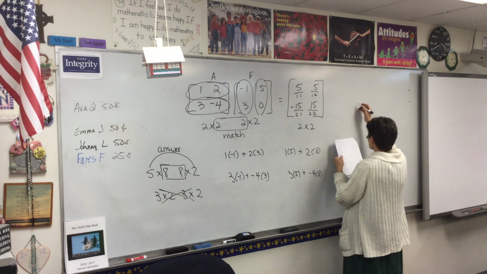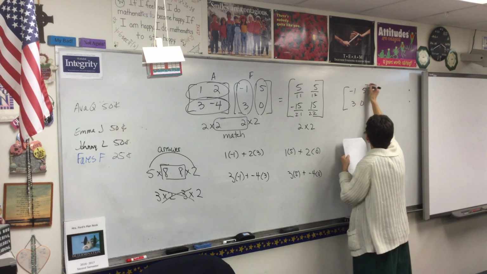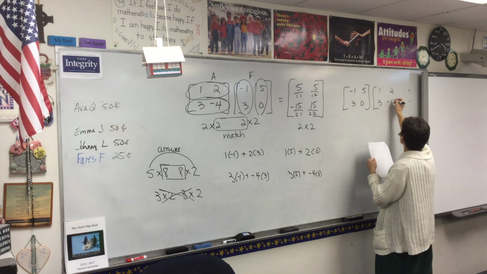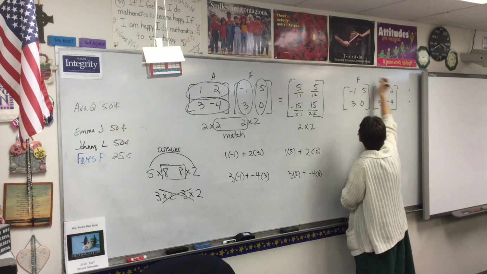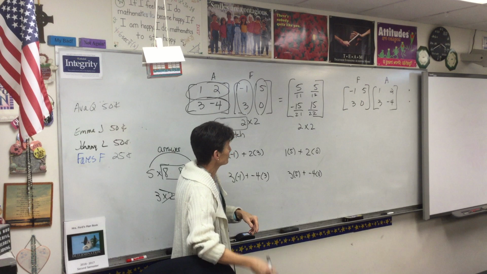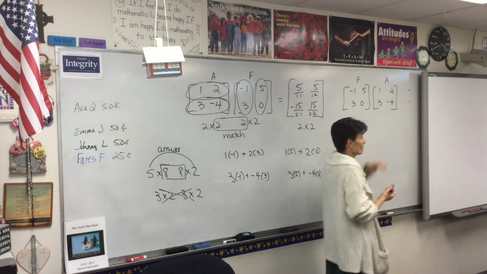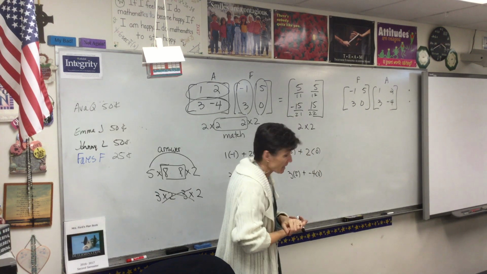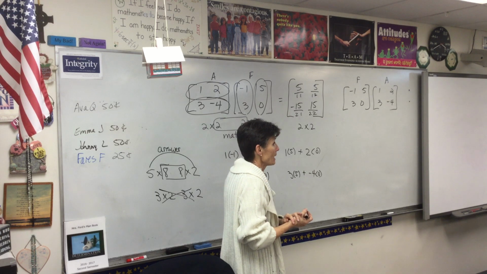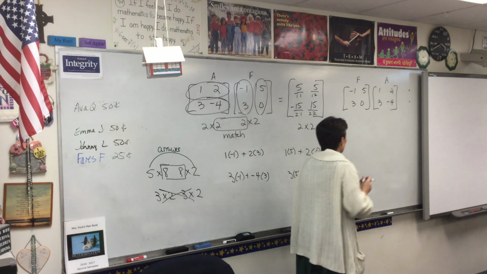All right, now we're doing F times A. So the next problem says we're going to multiply F times A, so matrix F times matrix A. Now, first thing you always do is check to make sure you're allowed to multiply.